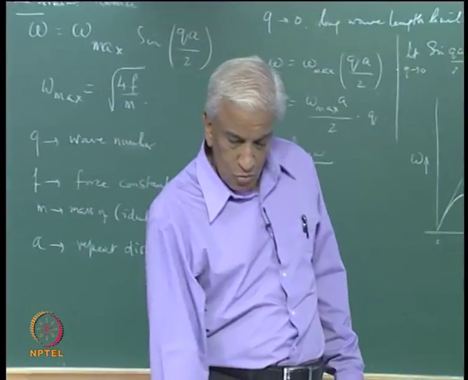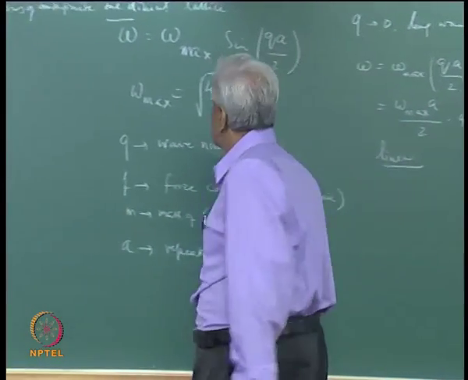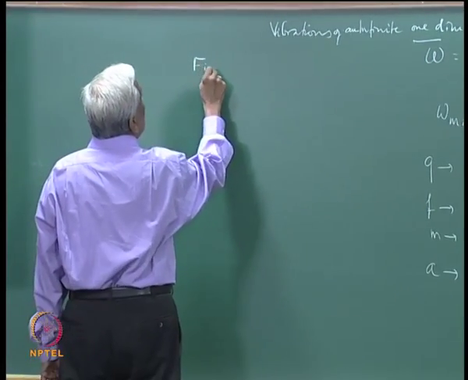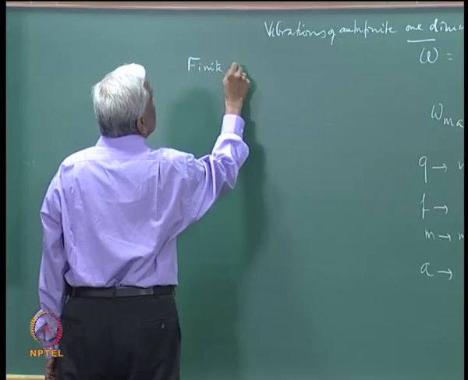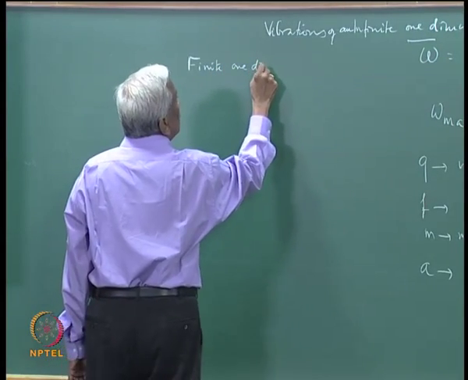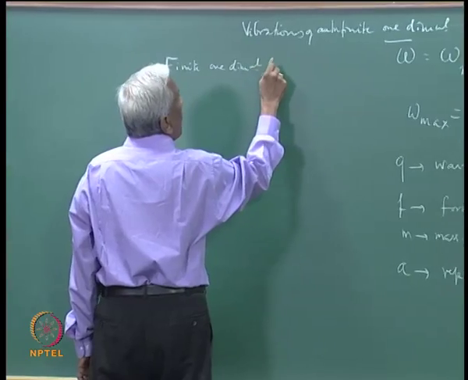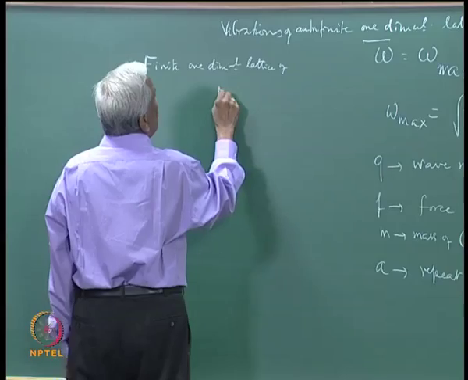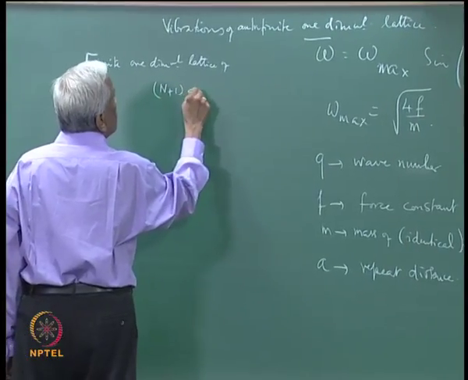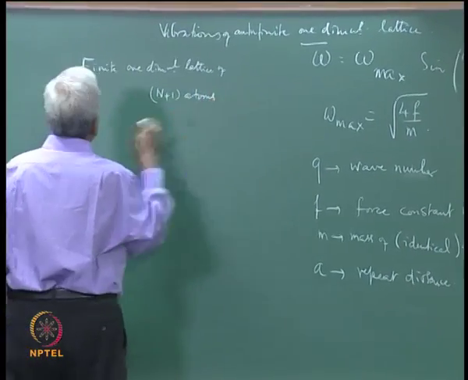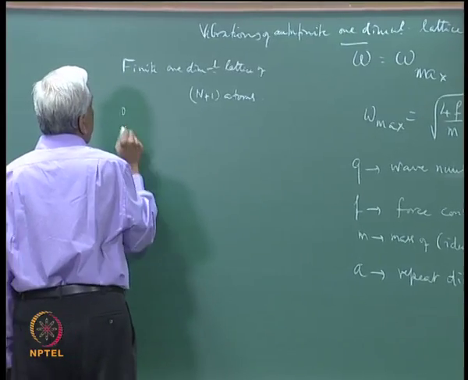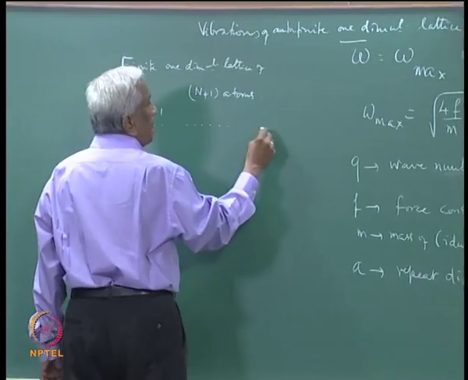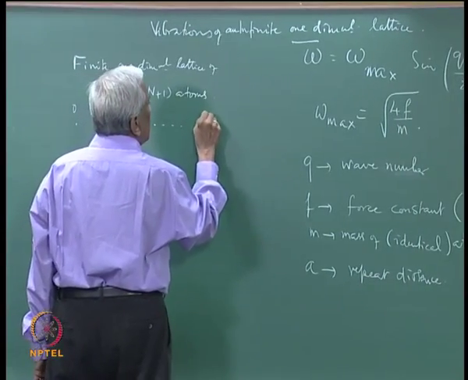So, we would like to consider real situations where these assumptions are slowly removed, so that we have a finite one dimensional lattice of n plus 1 atoms, that is the 0th atom, then 1 and so on, then you have n.